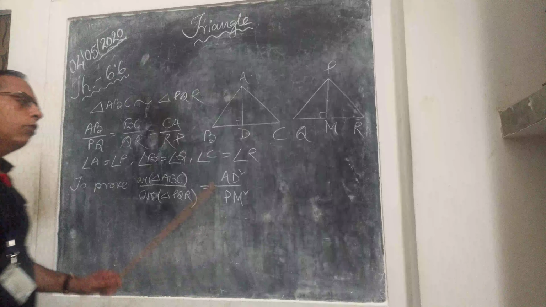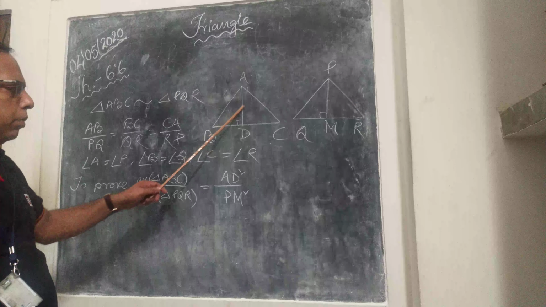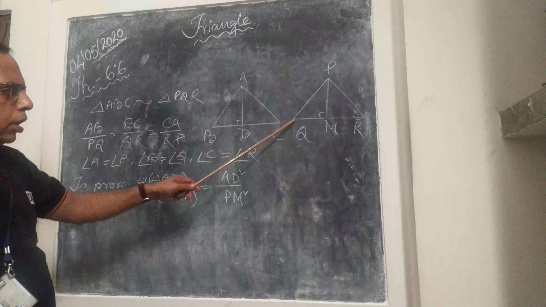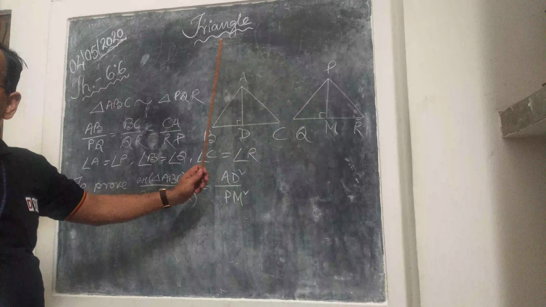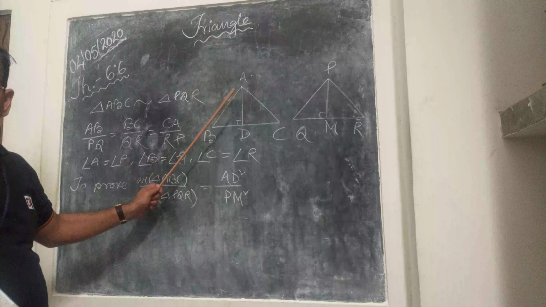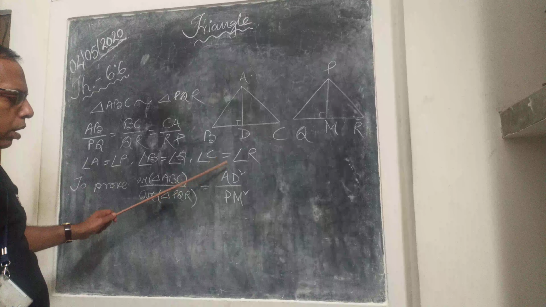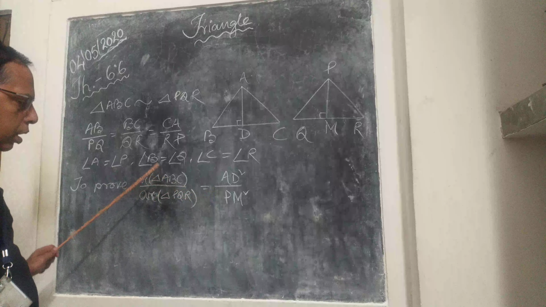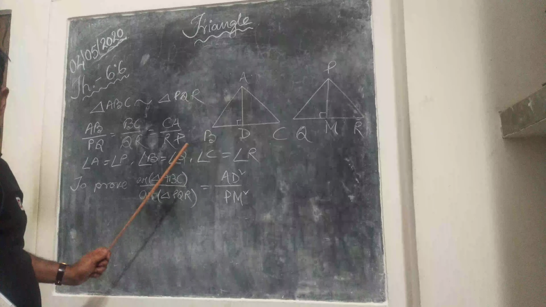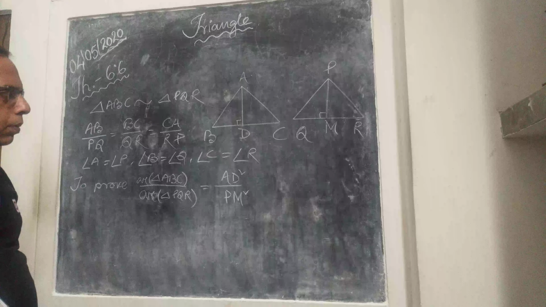And similarly, if you draw another altitude from B and Q, or C and R, then the ratio of the squares of those altitudes, or of those medians, will also be equal to the ratio of the areas of the two similar triangles.